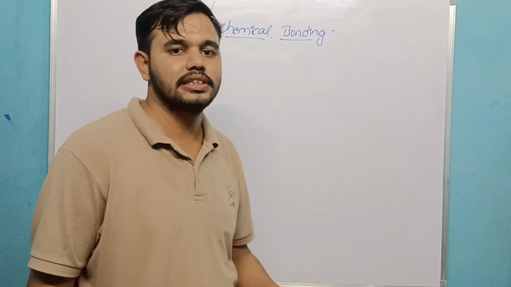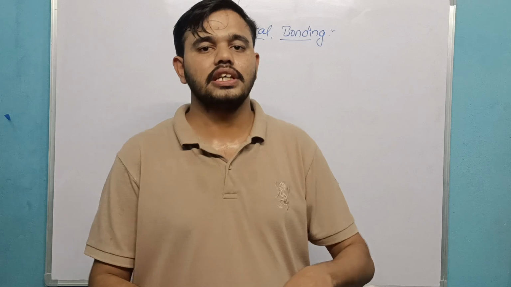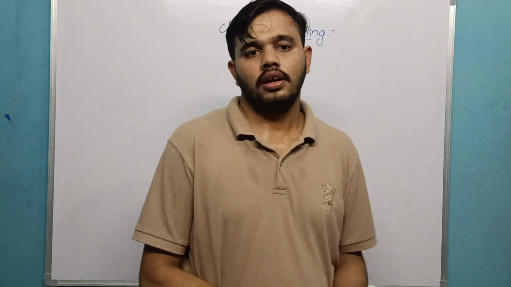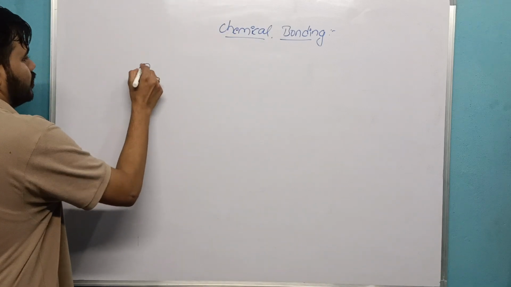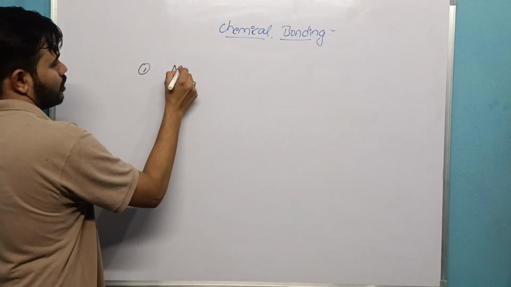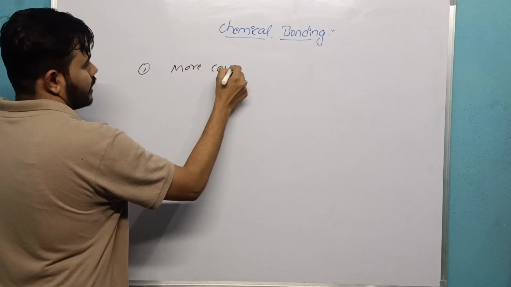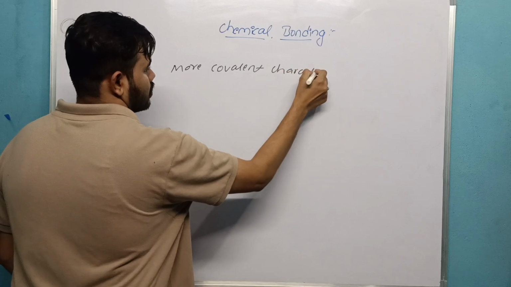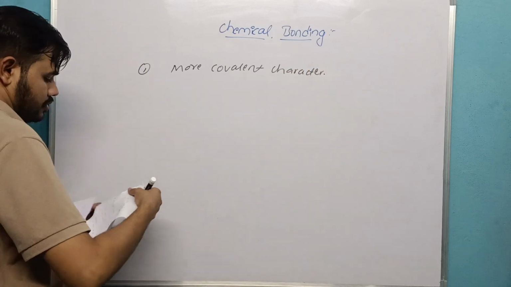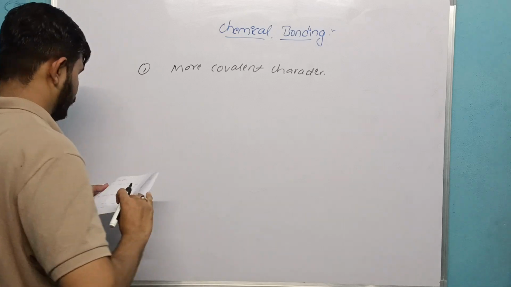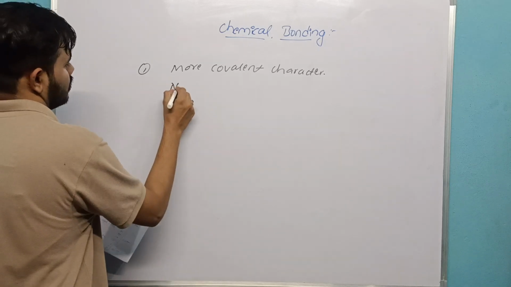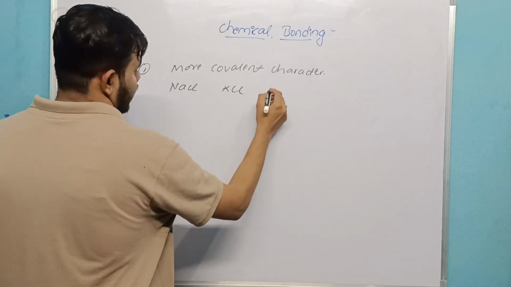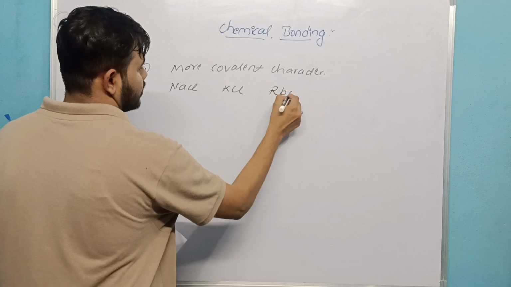Now let's take some examples and compare which has more covalent character and which has more solubility. Example 1, we are talking about more covalent character. Example, NaCl, KCl and RbCl, rubidium chloride.